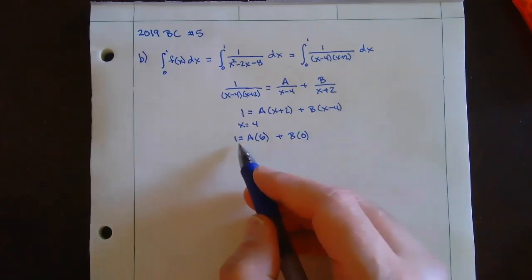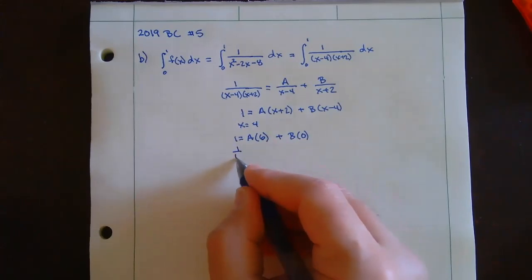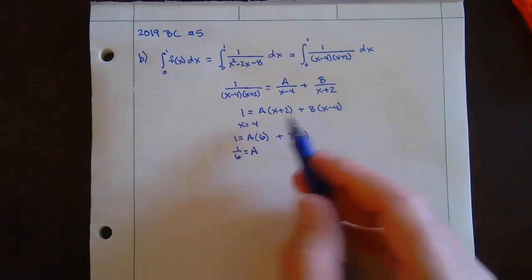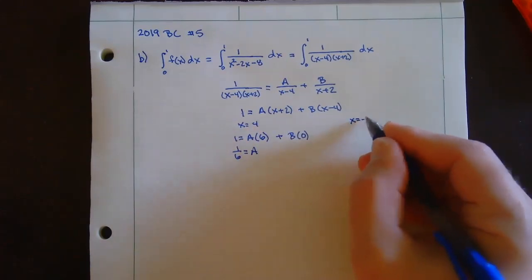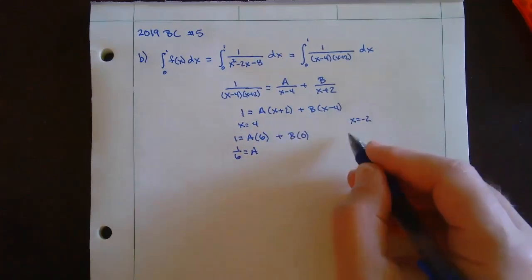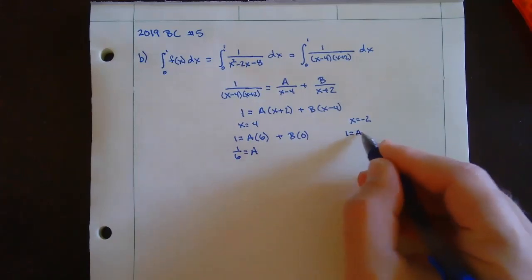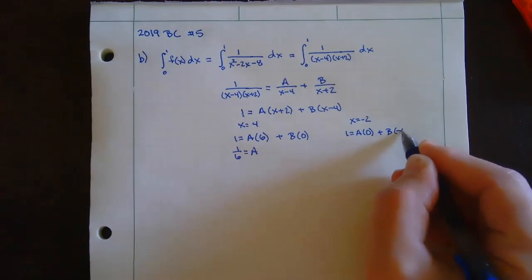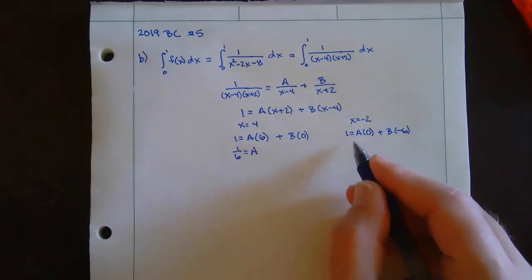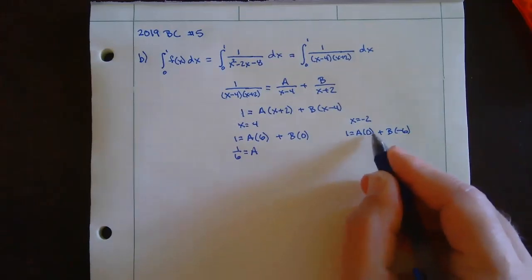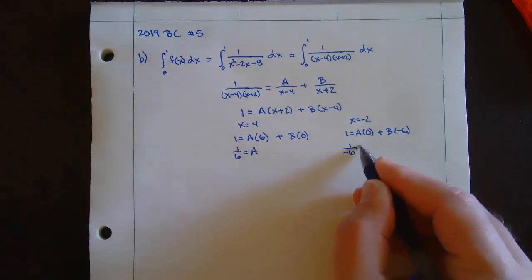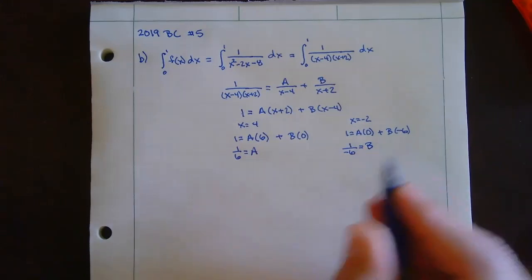So 1/6 would be your a value. Now let's find the b value. We're going to do that by letting x equal -2. If x was -2, then this would be 1 is equal to a times 0 plus b times -6. So we'd have 1 over -6 would equal b.